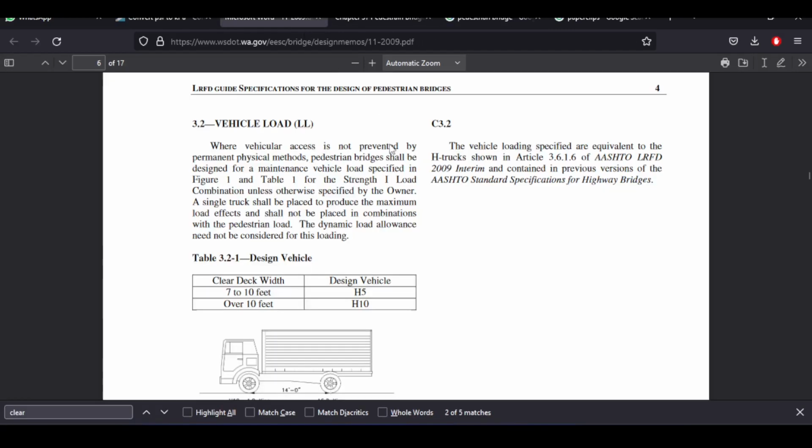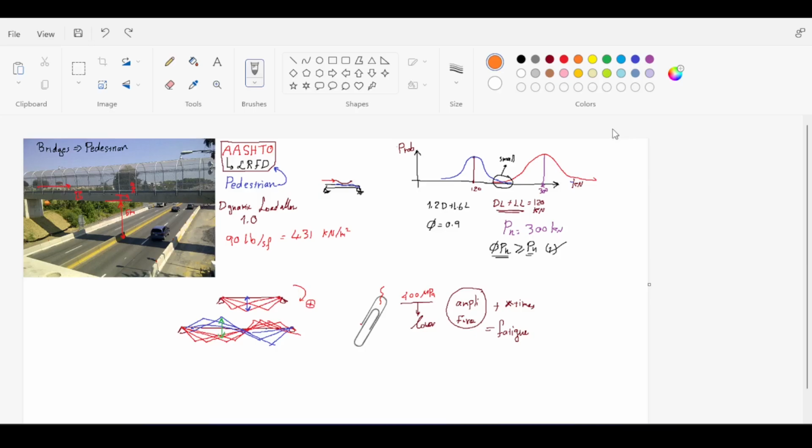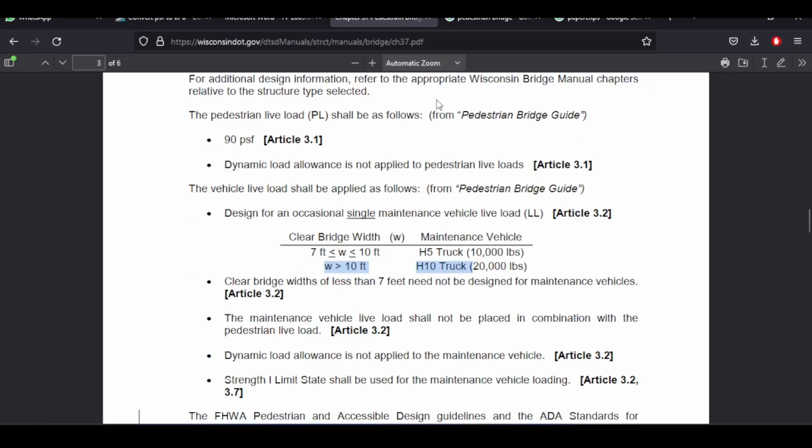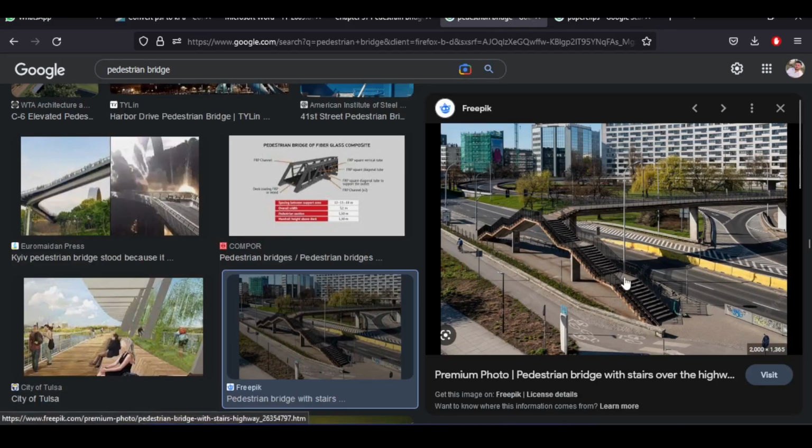The code actually says that. It says that where vehicular access is not prevented by physical methods, you should design if it's more than 7 feet, basically. What I'm trying to say is, if you have a 7 feet bridge and you do not restrict access to vehicles, then it needs to be designed for maintenance.